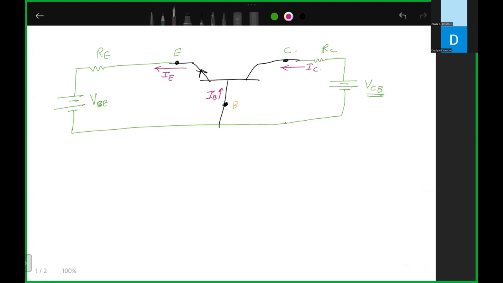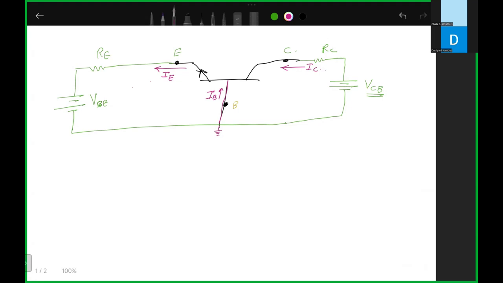Understood this structure or not? We are taking the output at the collector and we are giving the input at the emitter. So in between input and output, which terminal is common? That is base. The base terminal is common between input and output.